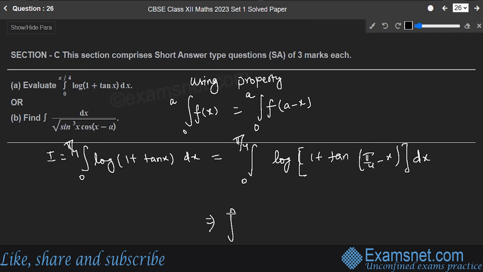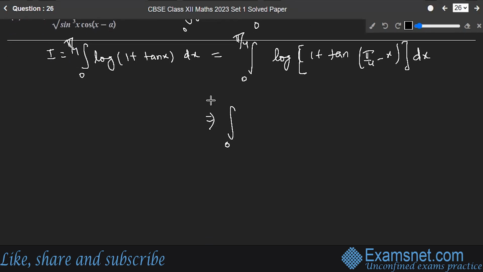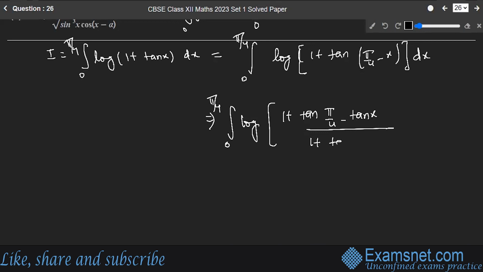That is equal to integral of 0 to pi by 4 log 1 plus, I'll open this tangent now, tan pi by 4 minus tangent of x upon 1 plus tangent pi by 4 into tangent of x dx. That was equal to I.